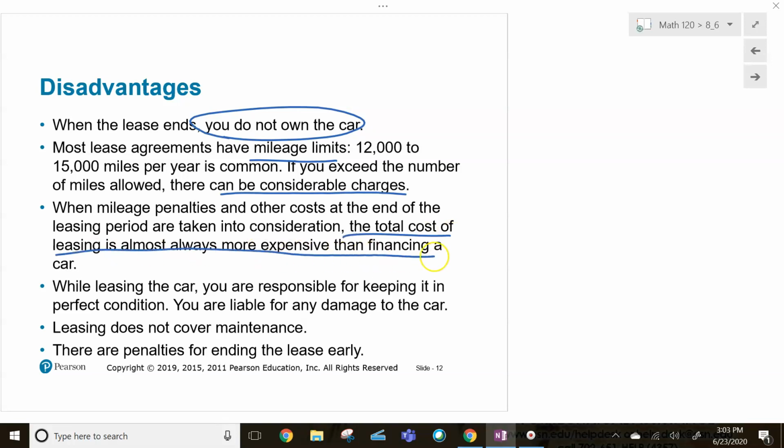The total cost of leasing, I won't say almost always more, but it's probably all the time more expensive than financing a car, unless you get screwed over when you finance a car. While leasing the car, you've got to keep that thing in perfect condition. You're still liable for damage, right? So you've got to cover your own maintenance, and there are penalties for ending the lease.